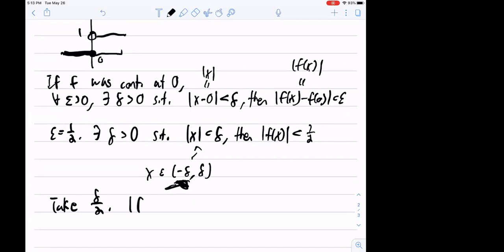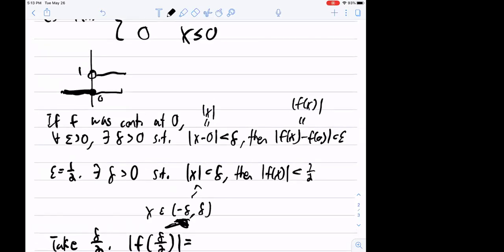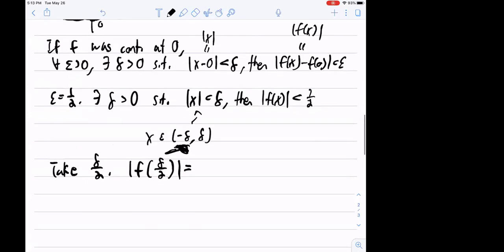But f of delta over 2 is what? From your graph, delta over 2 is a positive number. So it's 1, right? Which is not less than a half. So not continuous at 0. Right, we have a contradiction here. Is everyone clear with this?